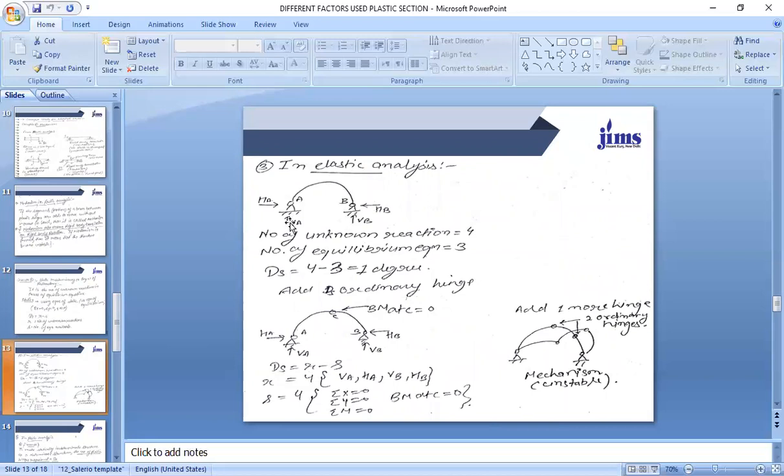If hinge means we do not have rotation there, so the reactions will be VA, HA, VB, HB, which means 4, and the number of equilibrium equations we have is 3: vertical, horizontal, moment. It means the static indeterminacy would be 4 minus 3, that is 1, right? So add DS ordinary hinges, right? If by putting one more hinge, it will be a determinate structure, right?